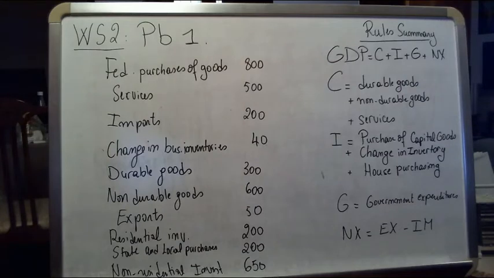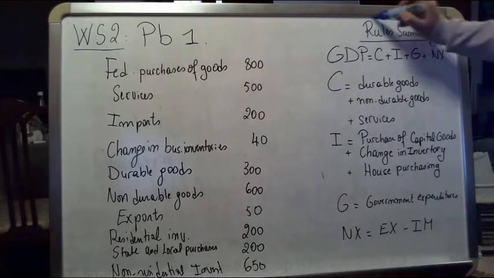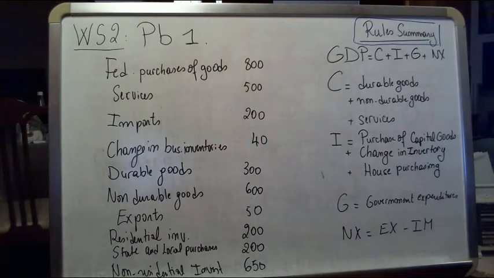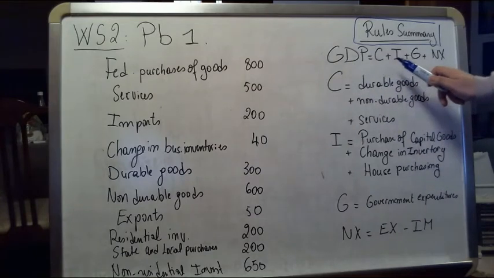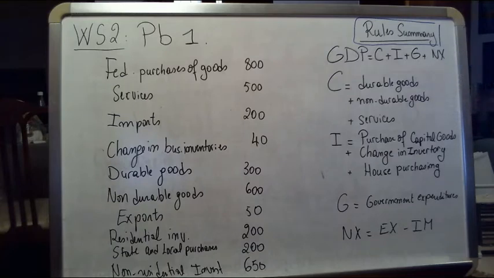Obviously, the rules we'll be needing are the ones mentioned in this rules summary. GDP equals C plus I plus G plus NX. Consumption equals durable goods plus non-durable goods plus services.